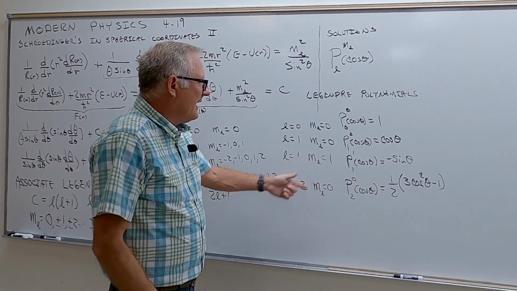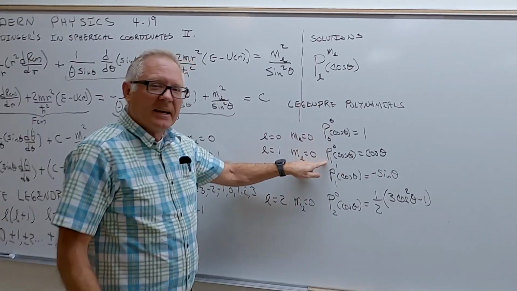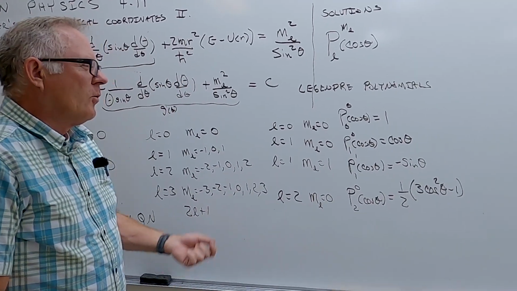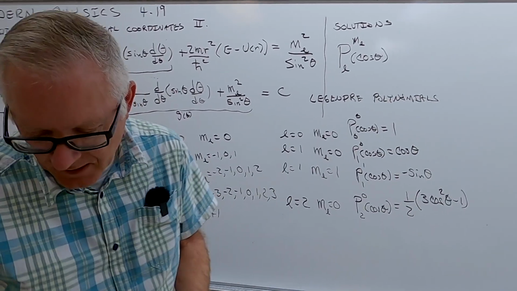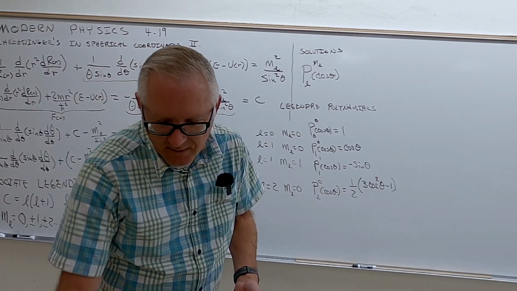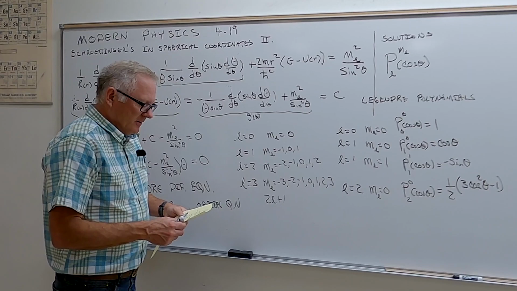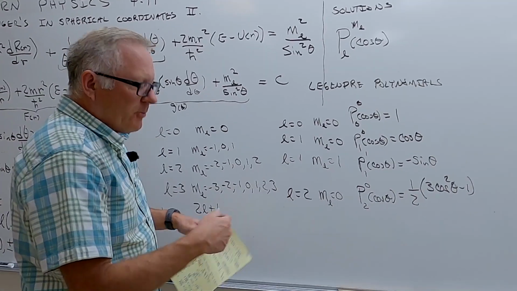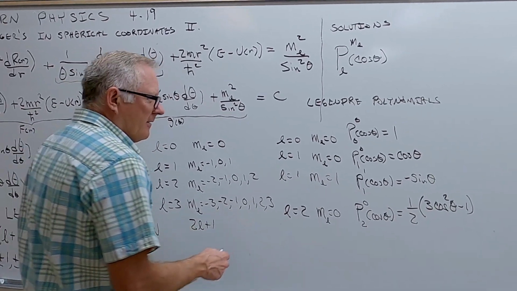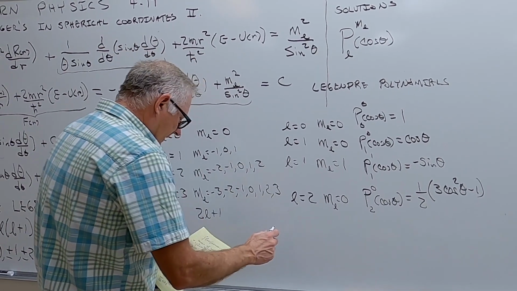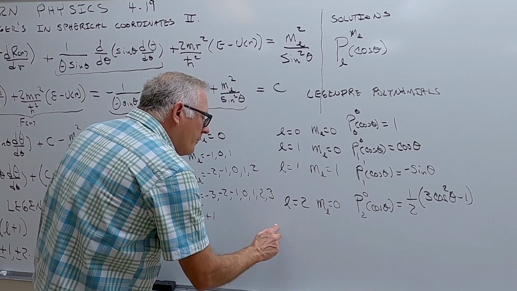That is, if I were to integrate this times this, I would get 0 when they're not equal, right here. Now, they're not normalized, so I'd have to put a normalization constant in to make them normalized, but they're still orthogonal.